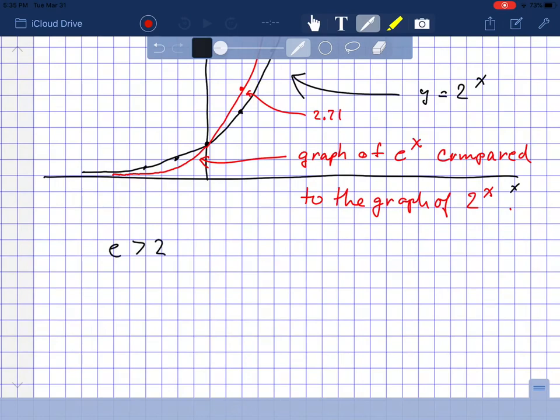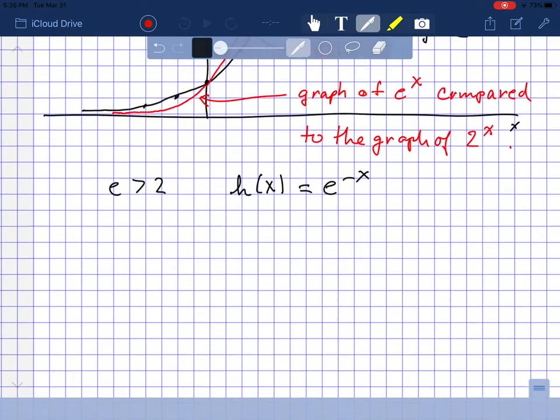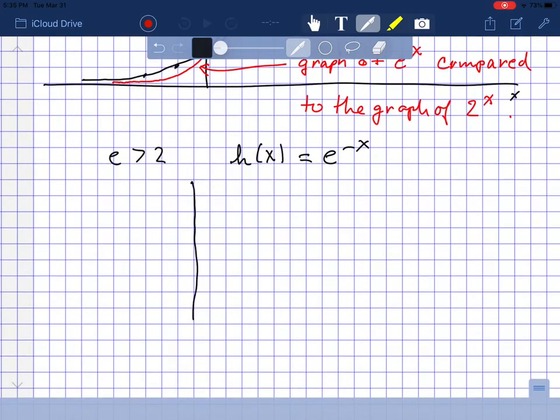because e happens to be greater than 2, we know that if we look at a function h of x equal to e to the minus x, the graph of this is going to look like the following.